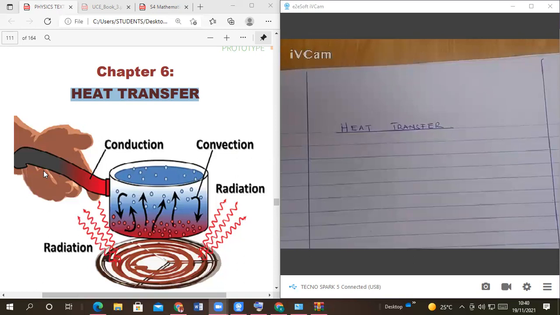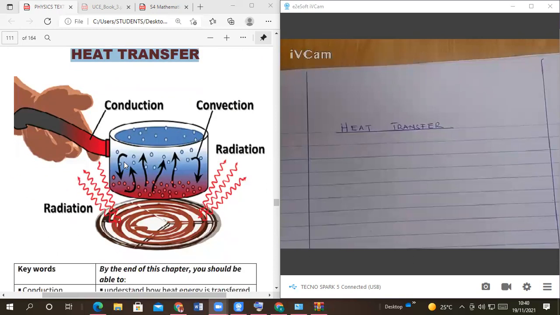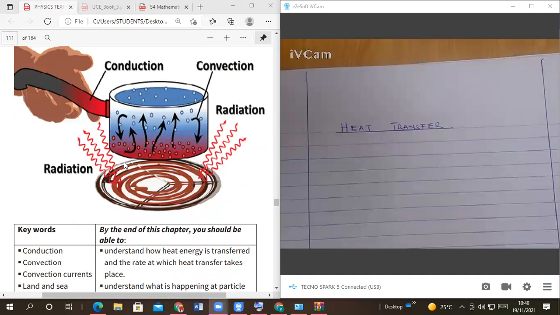Yes. So in heat transfer, we are looking at the movement of heat energy from a region of high temperature to a region of low temperature.